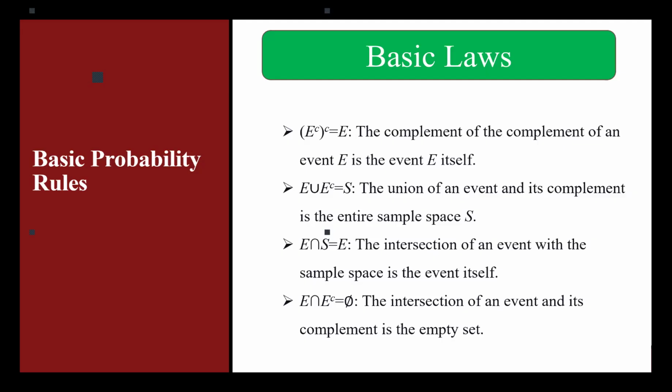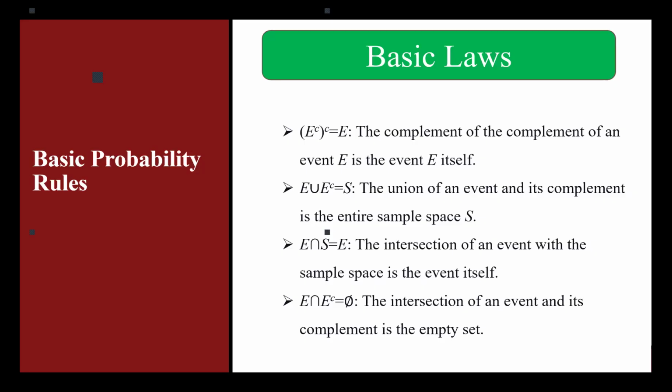The union of a set and its complement, which we already talked about in the previous slide as an example, is going to be the sample space because they are a set partition. The union of a set and the complement of the set is the sample space.